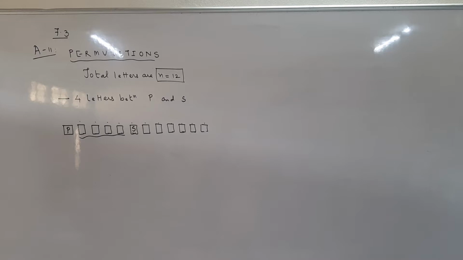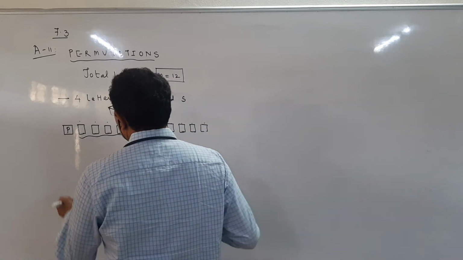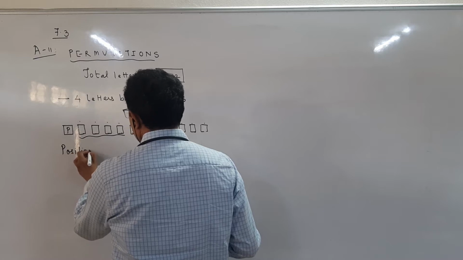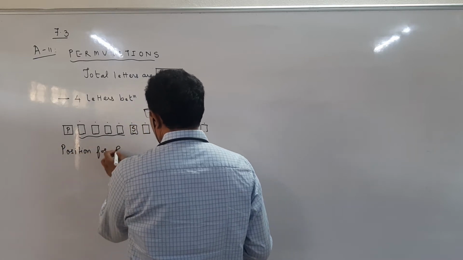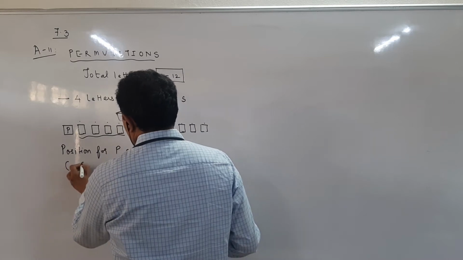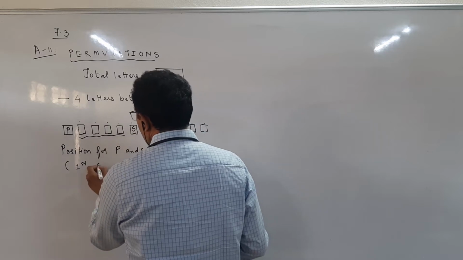There should be always 4 letters between P and S. So, positions for P and S: first, second, third, fourth, fifth and sixth. So, first and sixth.